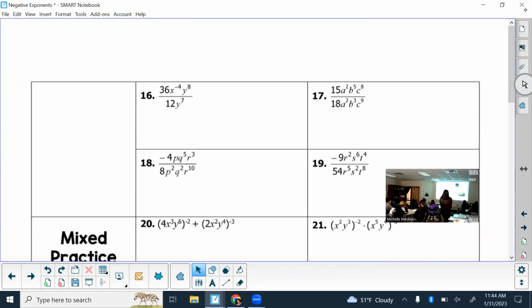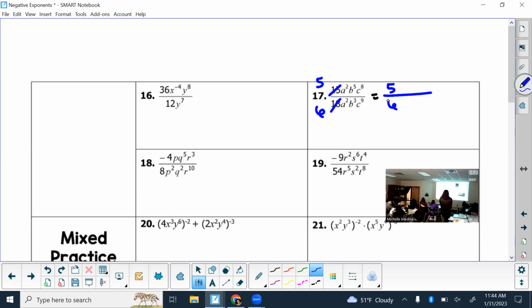So either type it in your calculator and see what the equivalent simplified fraction is, or what goes into 15 and 18. 3. 3 goes into 15 how many times? 5 times. 3 goes into 18 how many times? 6. But of course, you could always check it in decimal if you want.